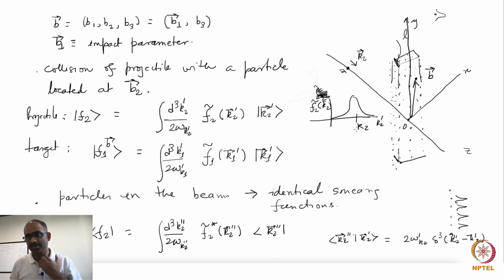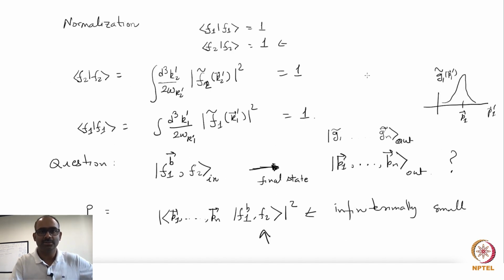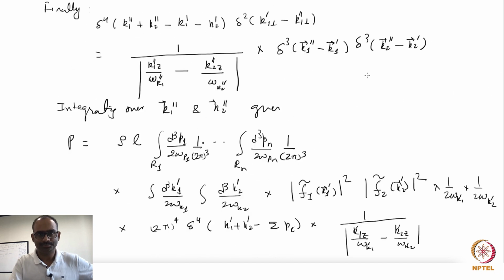So K2 is not a dummy variable. I should not have said that I can replace by K2. And similarly K1, the wave function of this particle peaks around K1 in the momentum space. That's why I have kept these things.